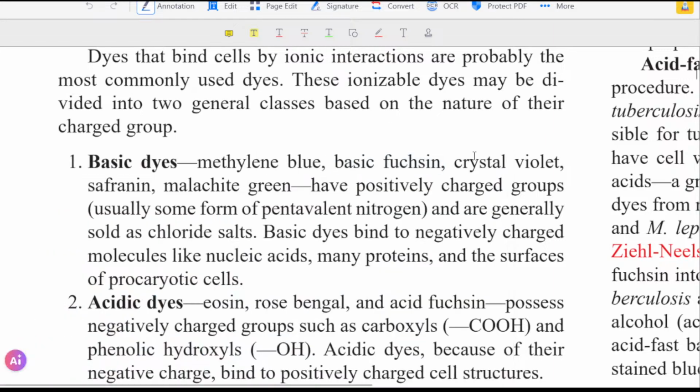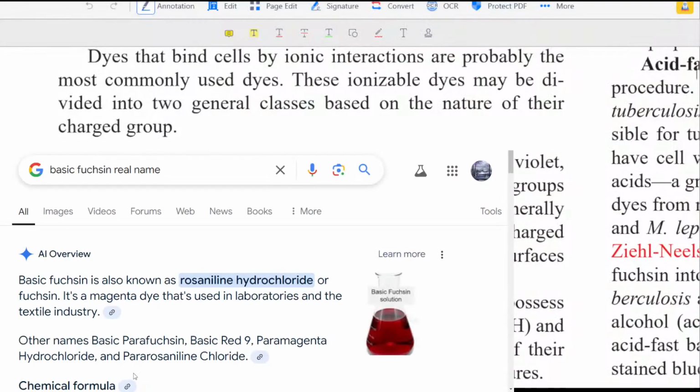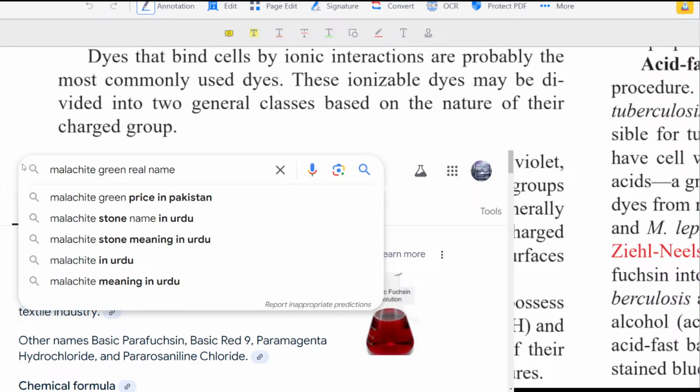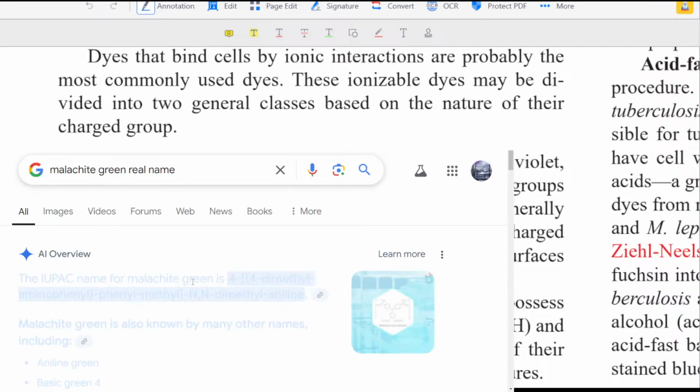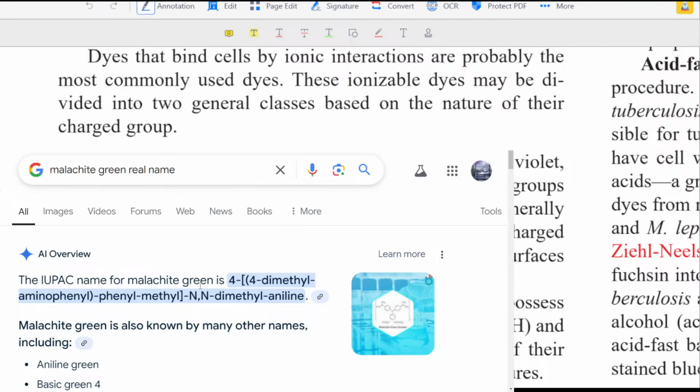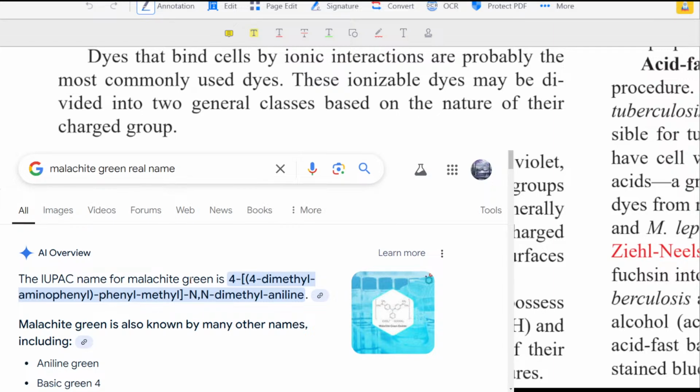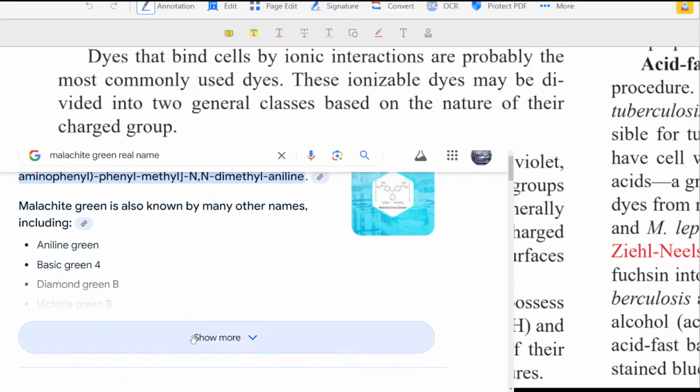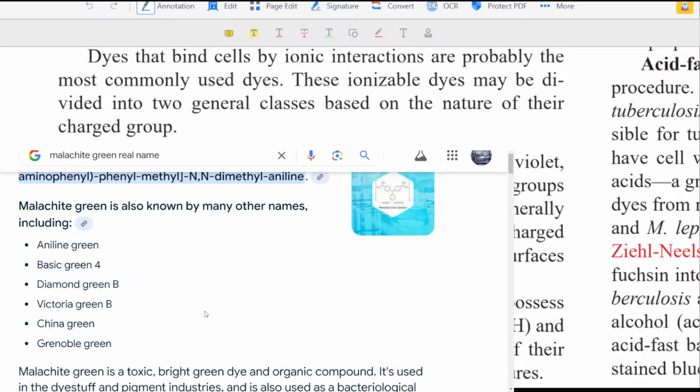Alright. The next one is crystal violet. Although we know what this is by the control plus C, I'm still going to search what the real name is. It looks like all of them are chloride. Oh, what is this? Dimethyl. It isn't chloride. The name chloride isn't in it.